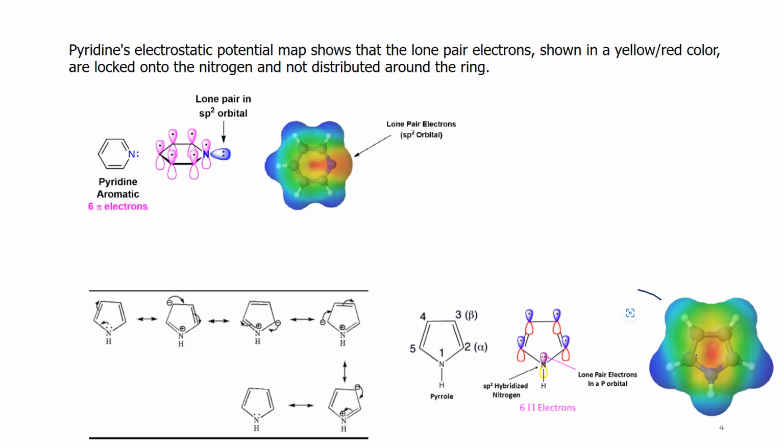See, this red color is diffused through the whole system, so it proves that the nitrogen lone pair is delocalized over all the carbons. Here the red color is just on this specific center, but here it is inside the ring, which means it is diffused throughout the ring. This blue color represents the nitrogen, all the yellow color represents the carbon, and the white is the hydrogen.